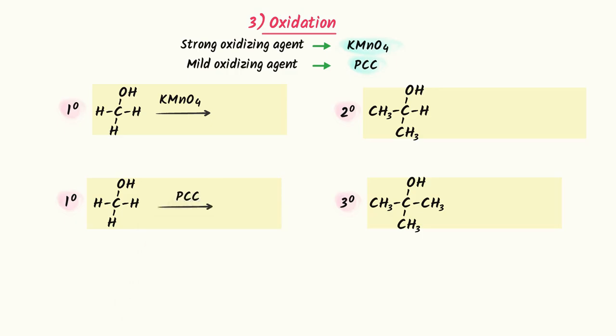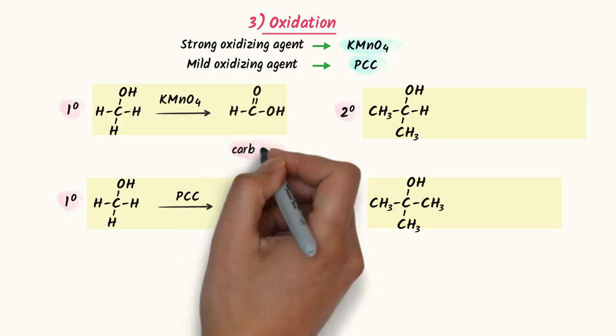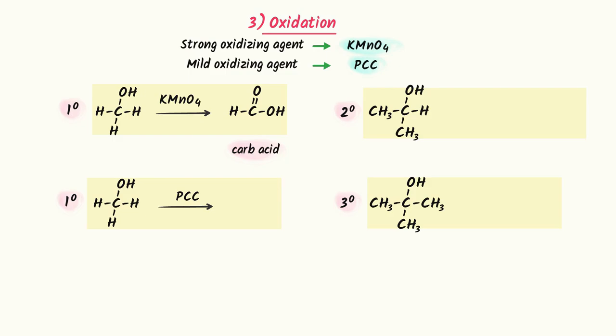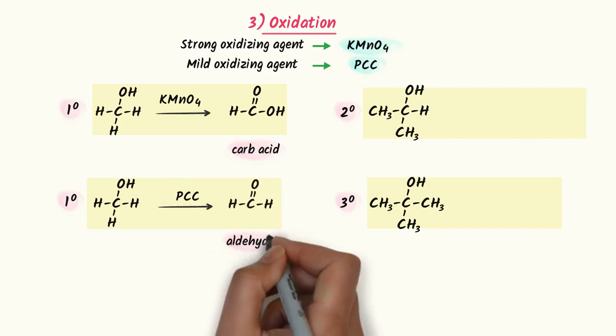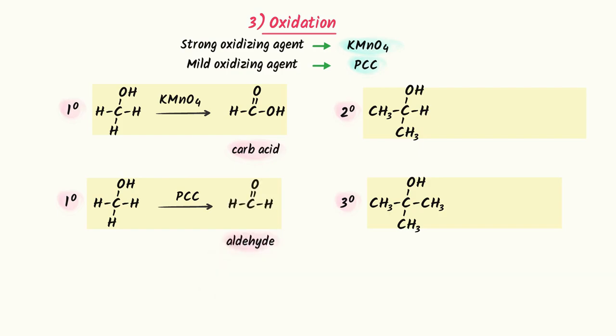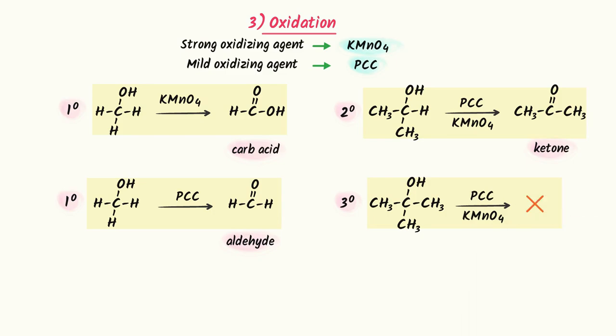If we add strong oxidizing agent KMnO4 to 1-degree alcohol, we get carboxylic acid. Secondly, if we add mild oxidizing agent to 1-degree alcohol, we get aldehyde. On the other hand, if we add strong oxidizing agent or mild oxidizing agent to 2-degree alcohols, we always get ketone. Thirdly, if we add strong oxidizing agent or mild oxidizing agent to 3-degree alcohols, no reaction occurs.